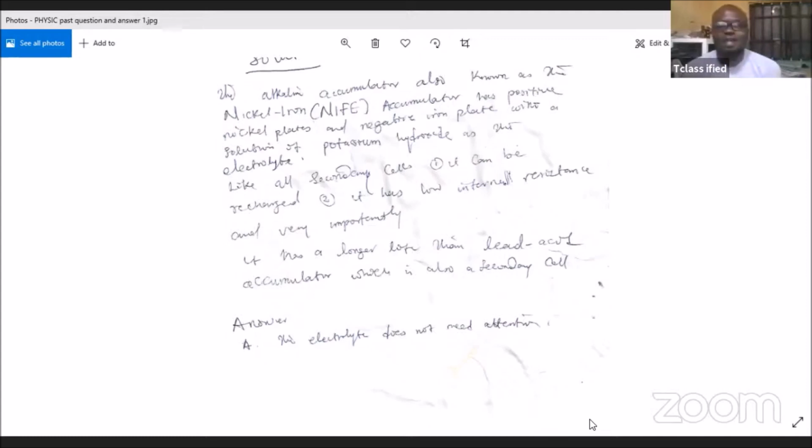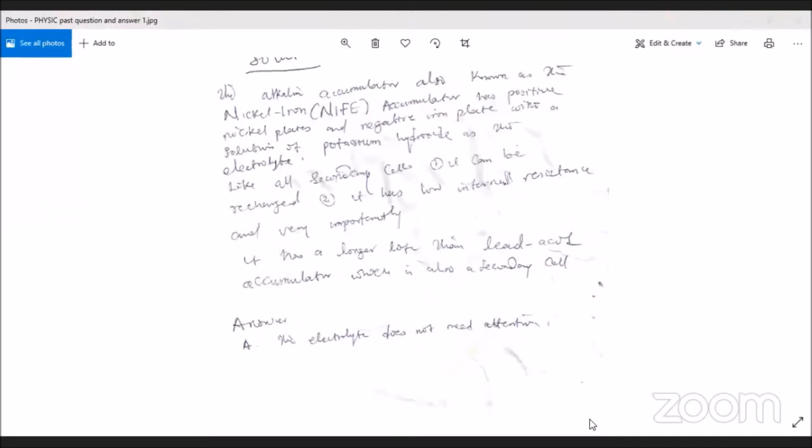That's the other name for the alkaline accumulator. It has a positive nickel plate and a negative iron plate with a solution of potassium hydroxide. That's why it is called alkaline accumulator, because potassium hydroxide is an alkali. So it has it as the electrolyte as well. Okay, I'm seeing it now. Okay, you're seeing it now.